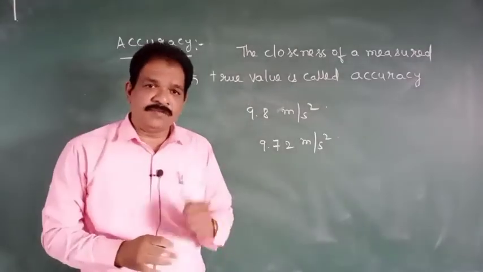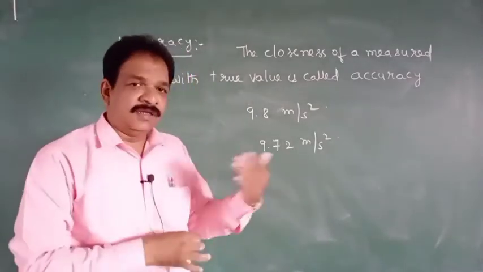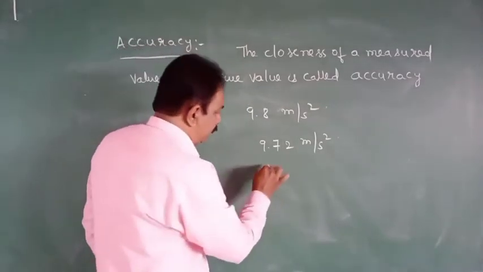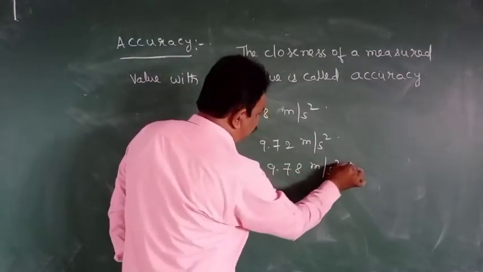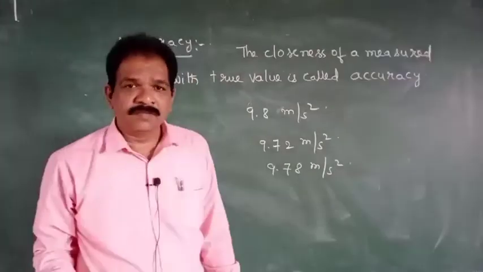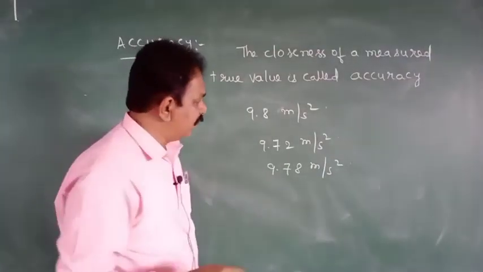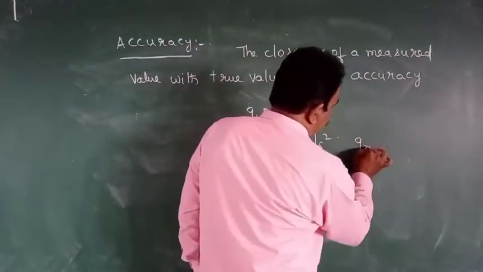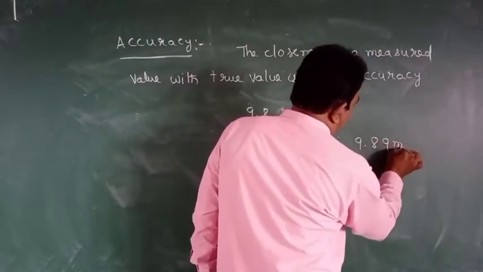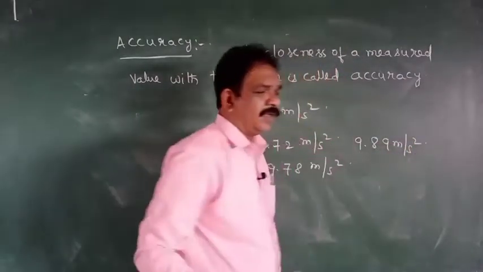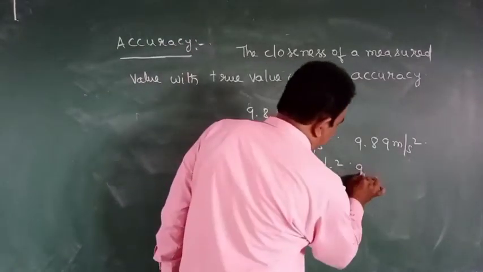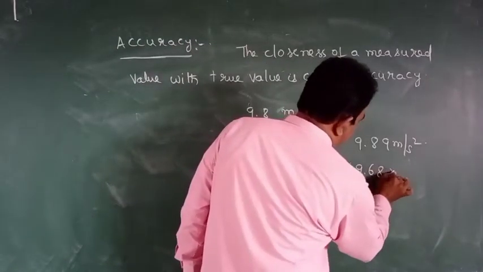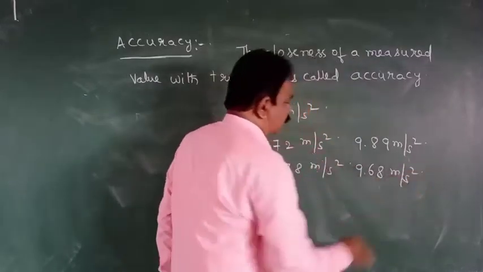Next time, we repeated the experiment and it came 9.78 meter per second square. Once again we did the experiment and got 9.89 meter per second square. Again, the fourth time I measured 9.68 meter per second square.